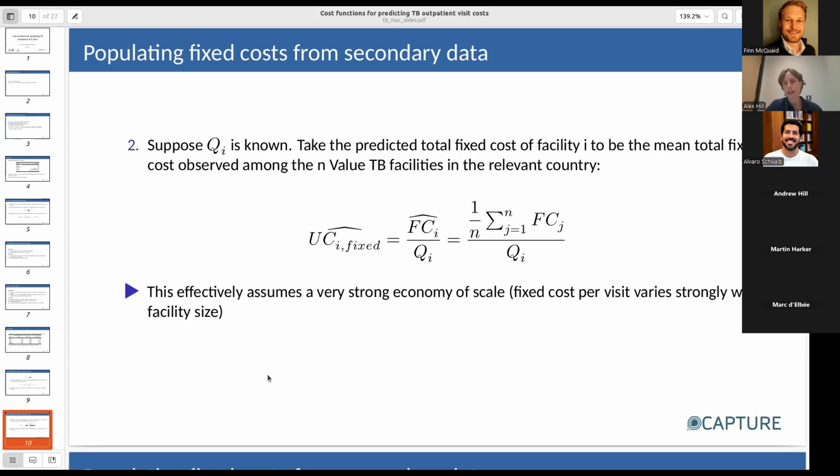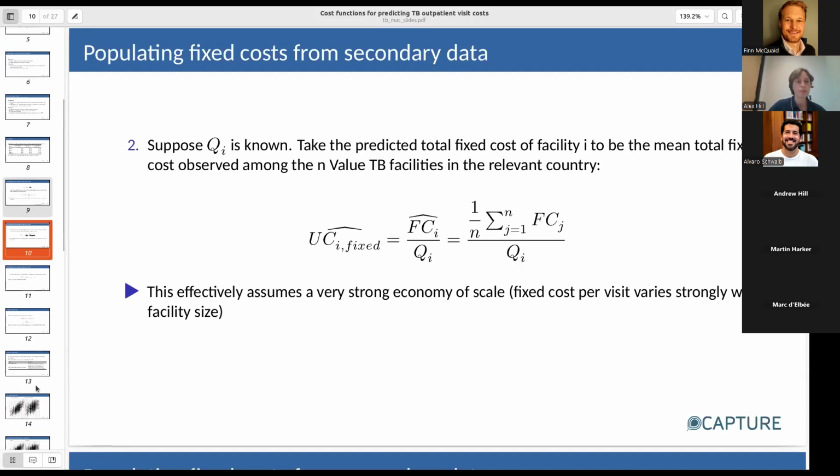But hopefully you can see that this is a very strong assumption, because obviously volume and total facility fixed costs are not going to be uncorrelated, right? Larger facilities are going to have higher fixed costs typically, and they're also going to be administering more visits. But I wanted to include this because of the theoretical link to the way fixed costs are typically thought about in a mechanistic cost function.